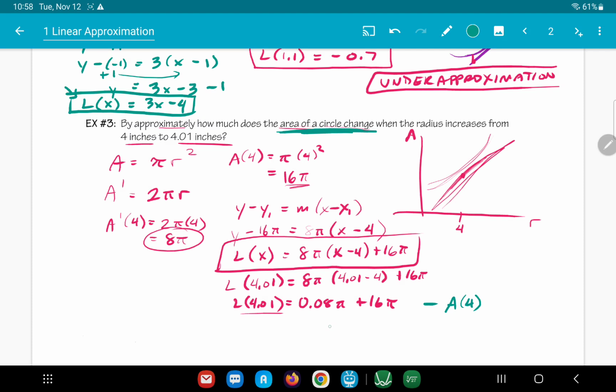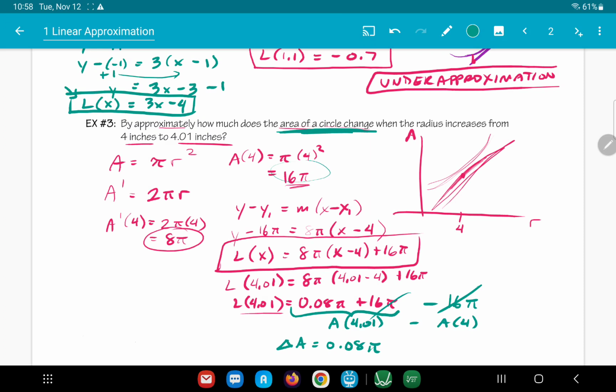So we want to do basically A of 4.01 minus A of 4. Well, we already have A of 4.01, that's this. Subtract A of 4. What is A of 4? That's the true value we found already, right? That's the 16 pi. So if you subtract 16 pi, then these really just go away. And so the change in area that we're looking for is basically 0.08 pi, like that.